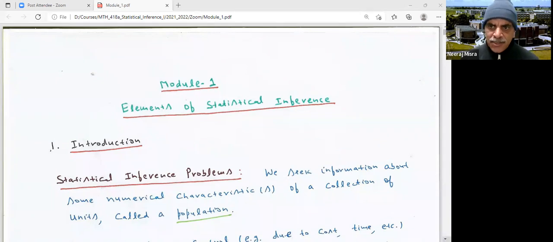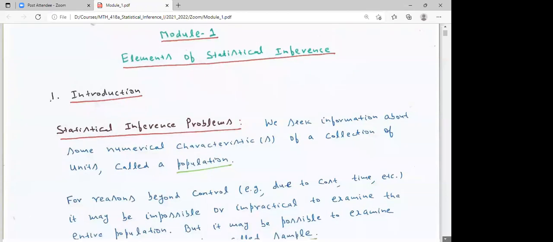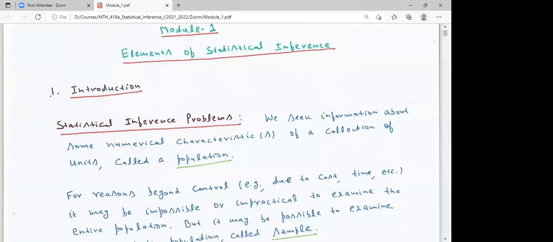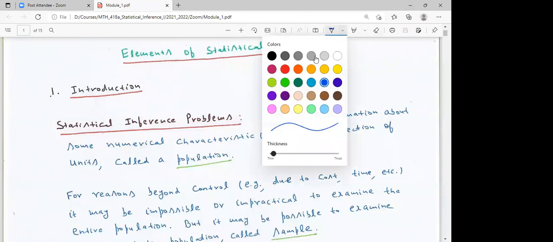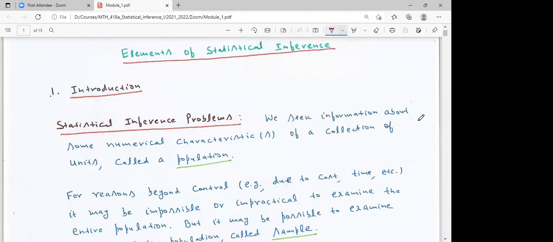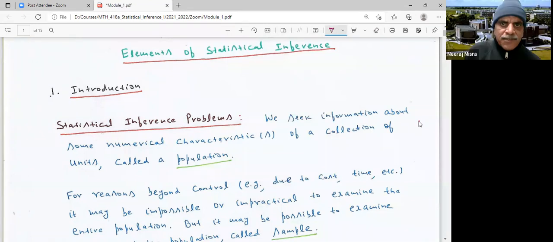So first, let us try to see what are the statistical inference problems.